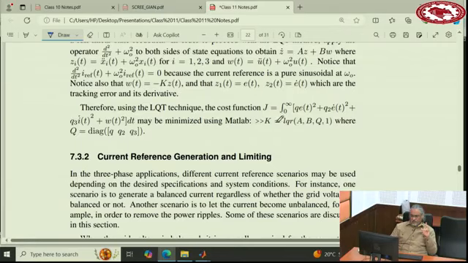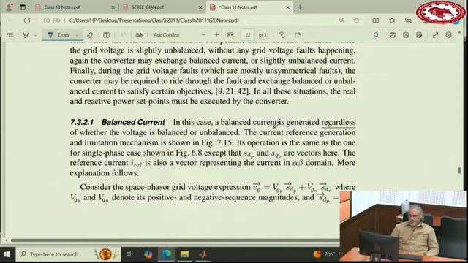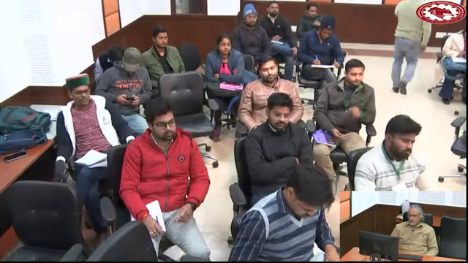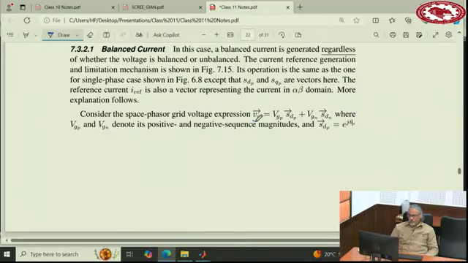Now let's talk about reference generation and limiting, how we do that. If it's a balanced situation, that means the grid voltage is balanced, right? And you only have positive sequence. What's this expression where VGP denotes positive and negative sequence?